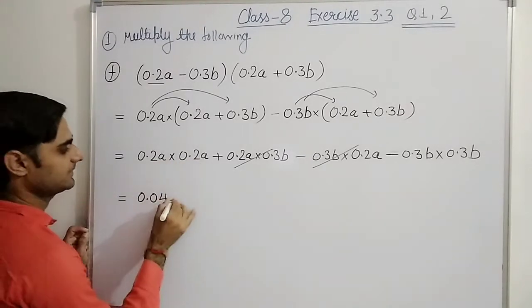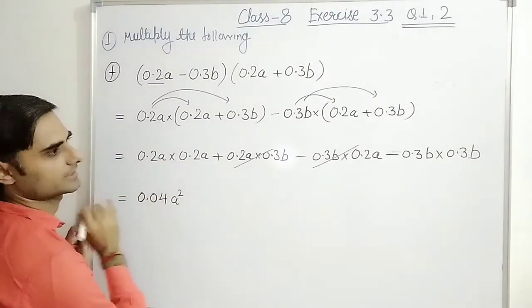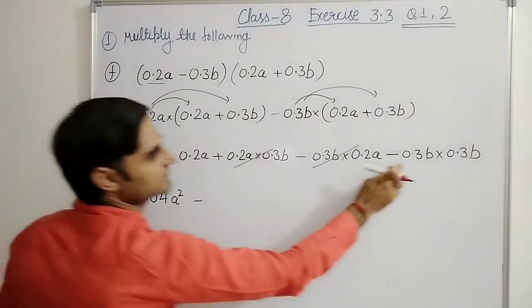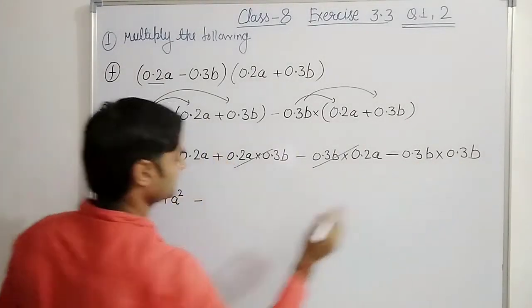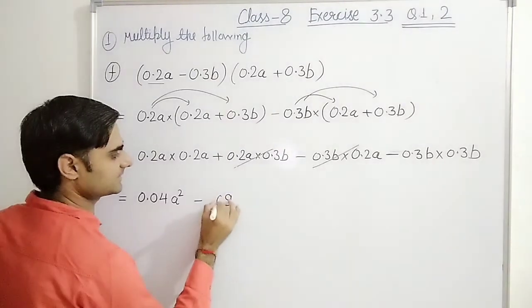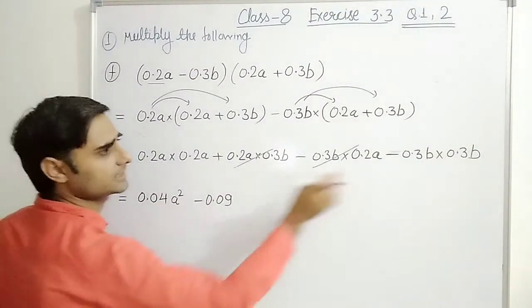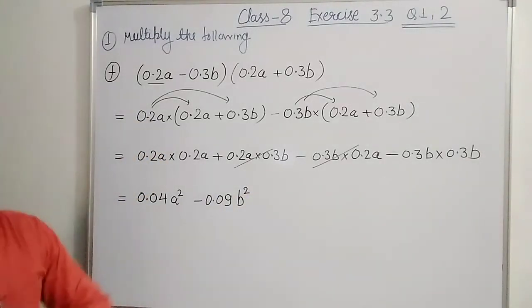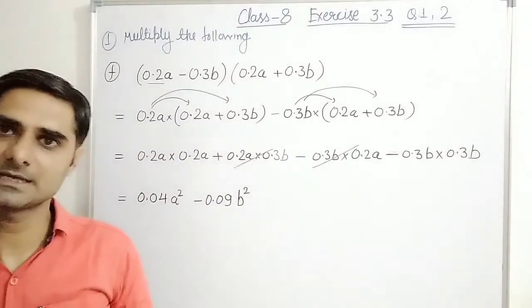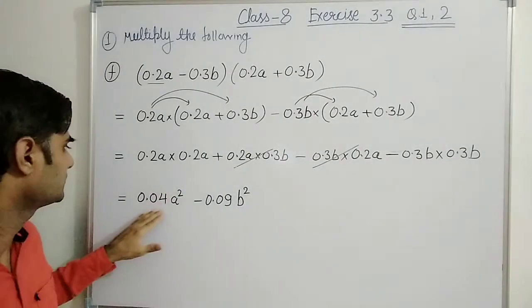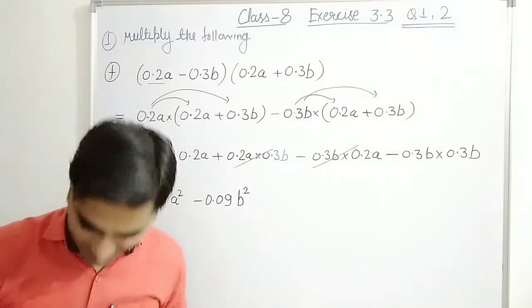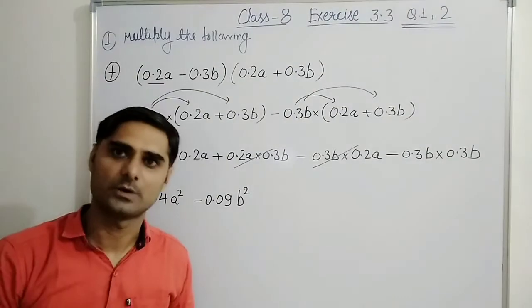Now a multiplied by a is equal to a square. Same, this cancels, left minus, what is left? 0.3 0.3, 3 threes are 9 and decimal after 2 places, 0.09. b multiplied by b equals b square. This is the way to solve. You must have understood. This will be 0.04 a square minus 0.09 b square. Okay, this was question number 1.